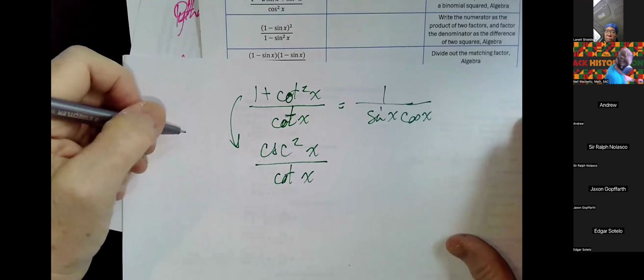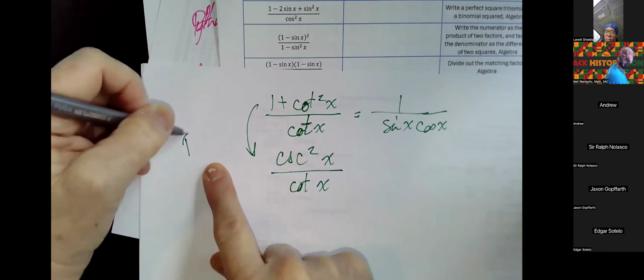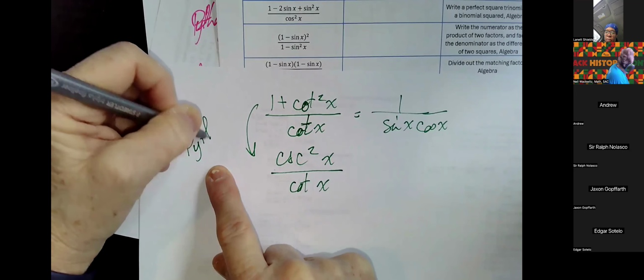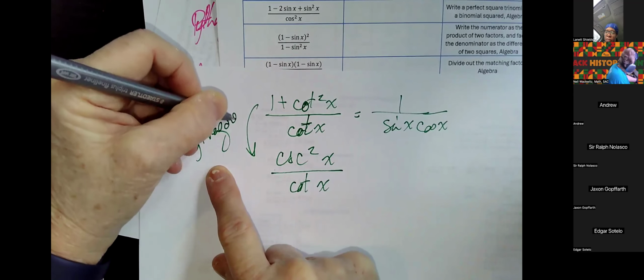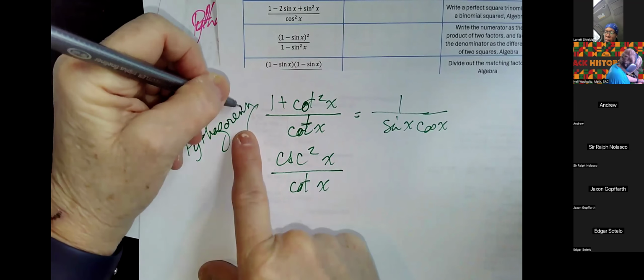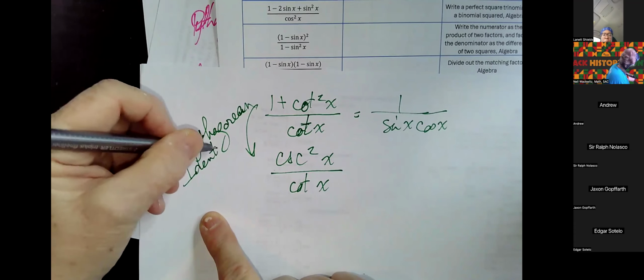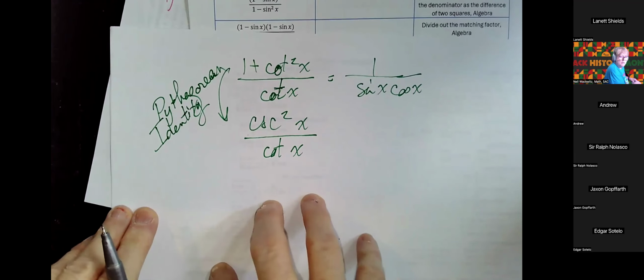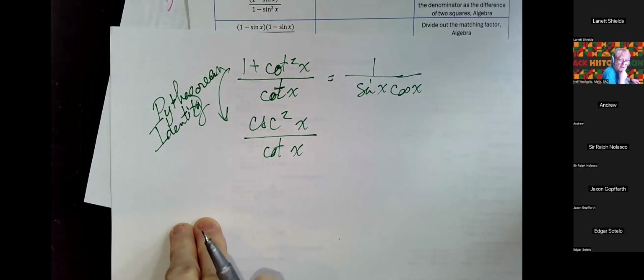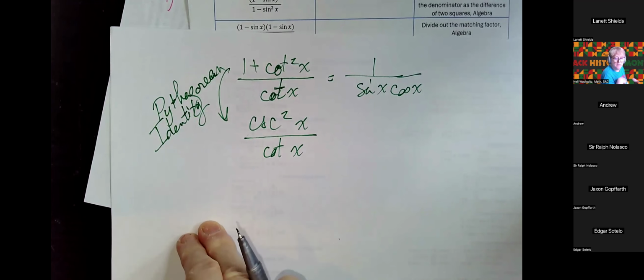Yes, so we can write that as cosecant squared x, we still have cotangent x in the denominator, and the justification would be a Pythagorean identity. And now we've got cosecant squared x over cotangent x.